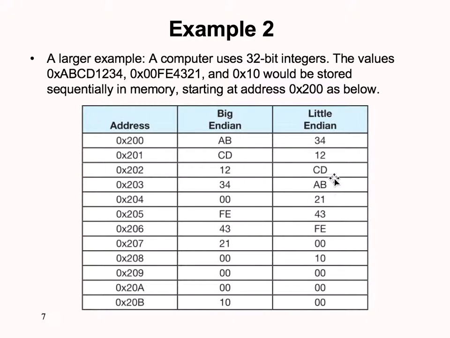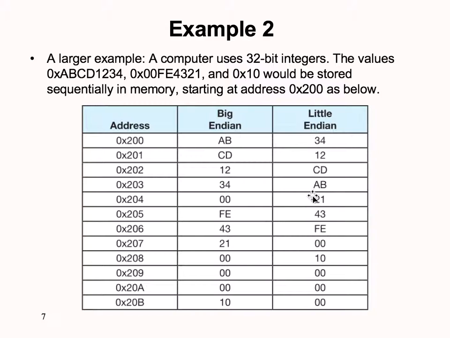The first four addresses in memory are used to represent the first number, ABCD1234, and the next four addresses are used for the second number.